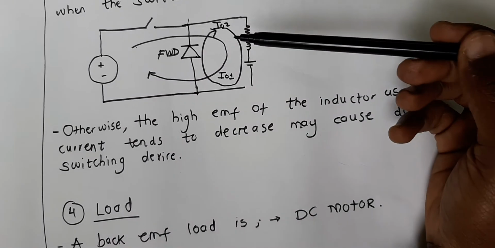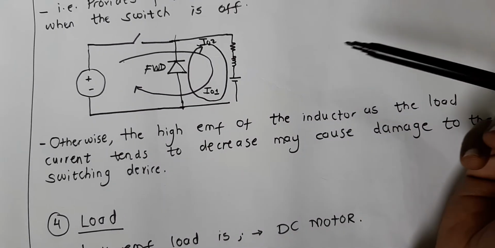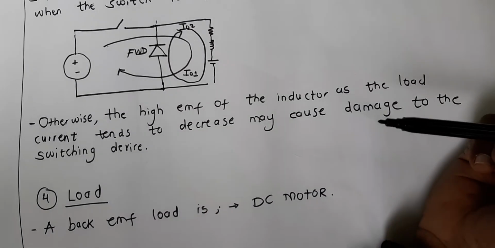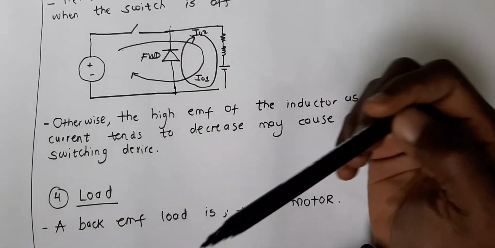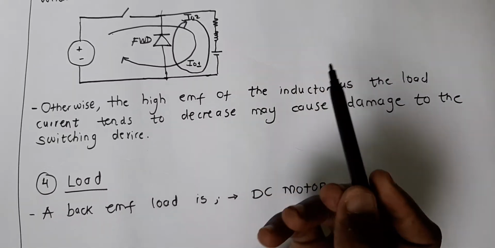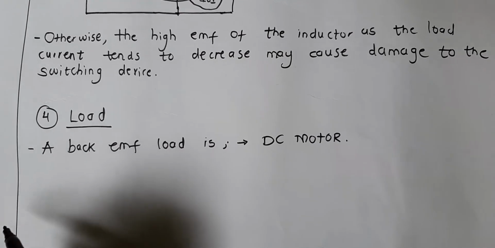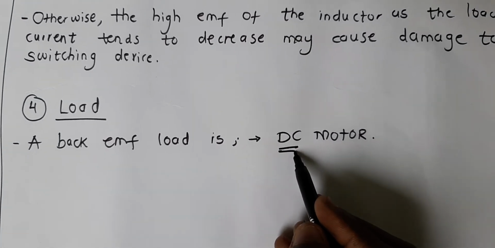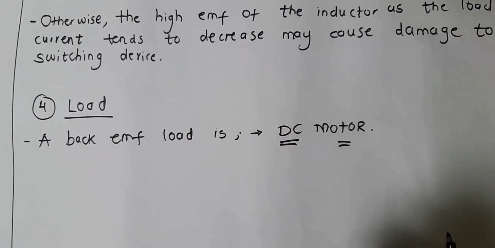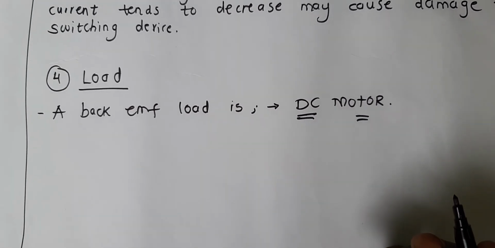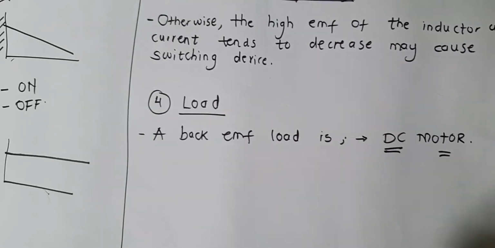Then the high EMF of the inductor, as the load current tends to decrease, would cause damage to the switching device. The next item that we're going to discuss is the load. An example of a back EMF load is a DC motor. So basically, this is how the circuit components of this type of converter operate.